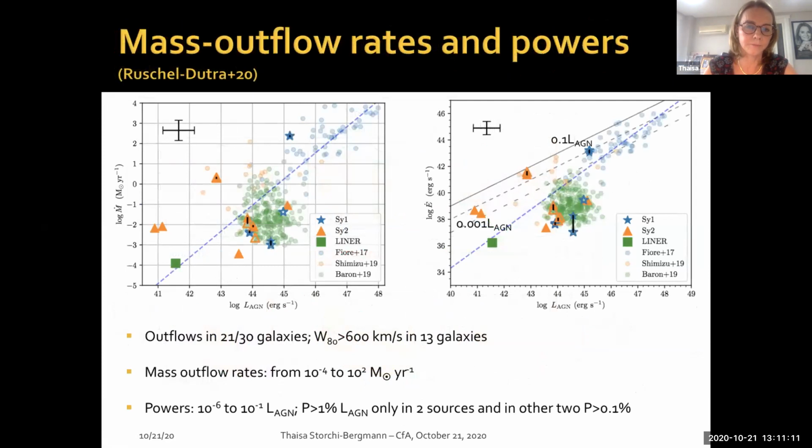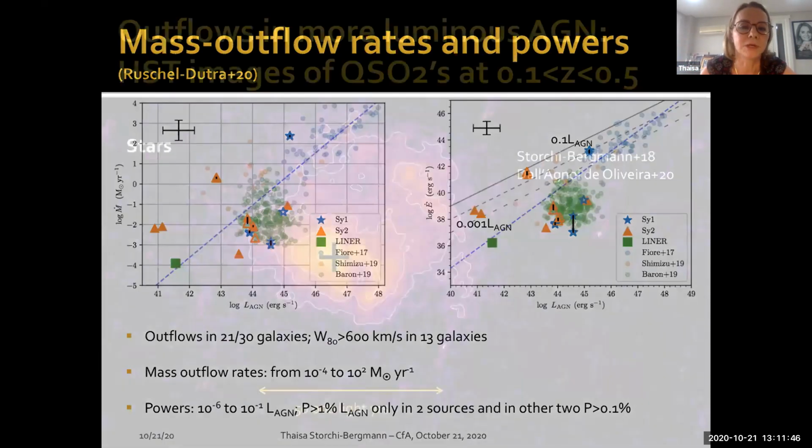So in this work, we have obtained very scattered positions of these outflows. To summarize, only in 2 sources did we have the power being close to 2.5%.